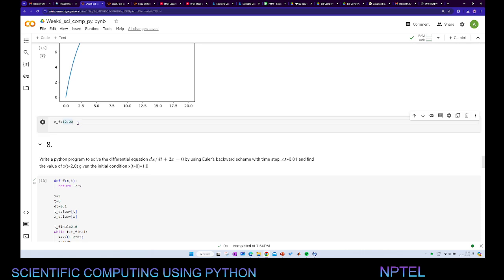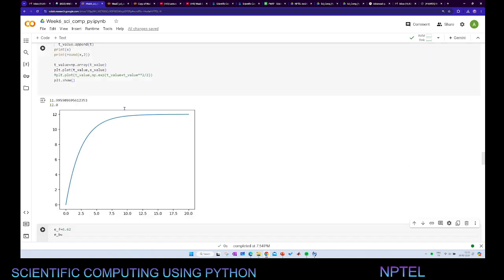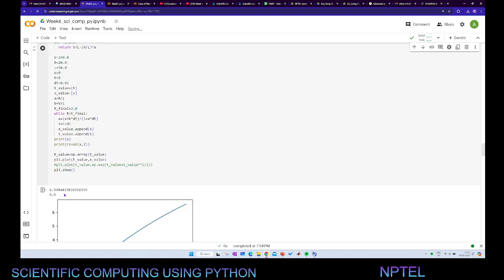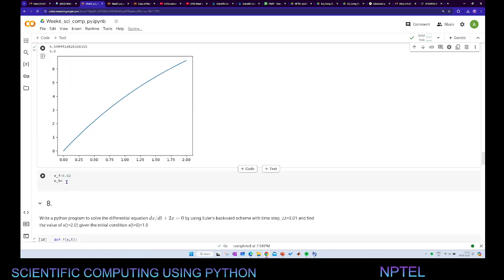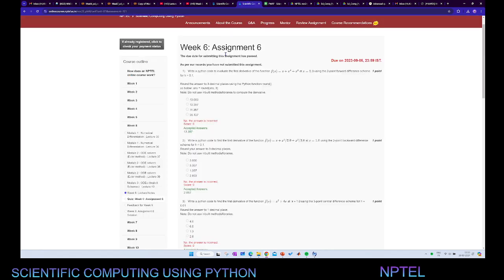EF is 6.62, and EB, again with 2, is 6.6. Then it is correct. Let's just calculate for the sake of completeness.